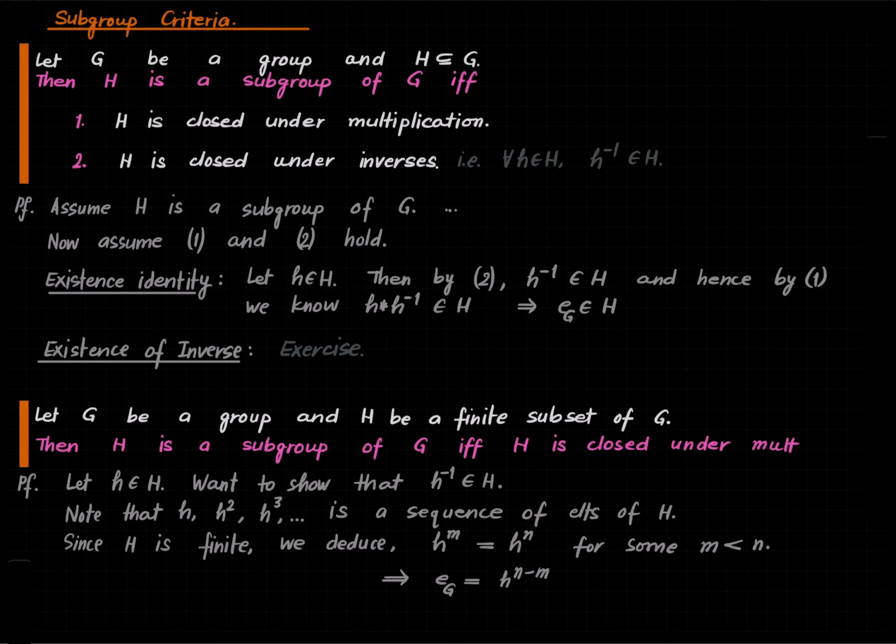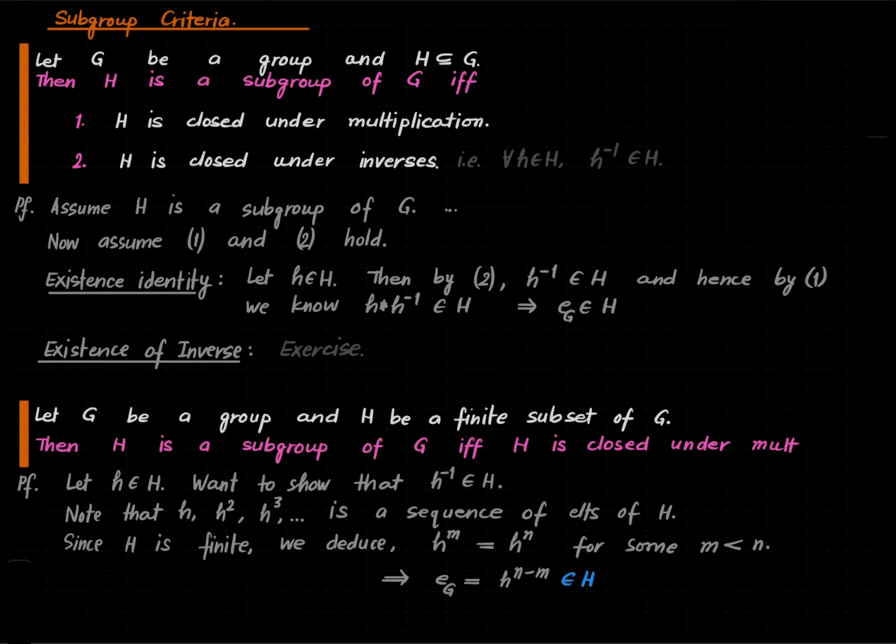This is written in the group G. But this guy is there in the set H. This is just h multiplied with itself some number of times. Since we have n strictly larger than m, this is h times h times h so many times. And hence this lies in the set H, because H is closed under multiplication. And hence the identity of the group G lies inside the set H.